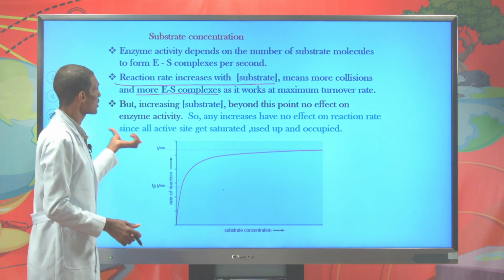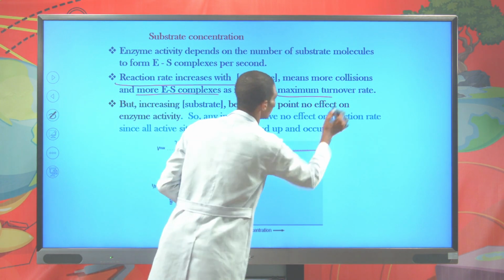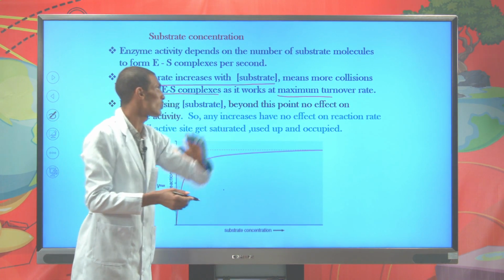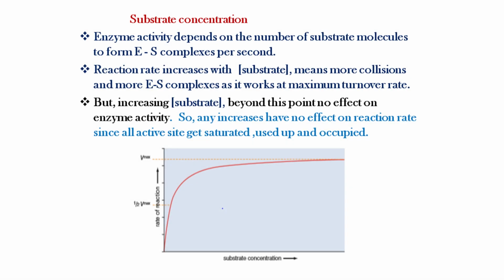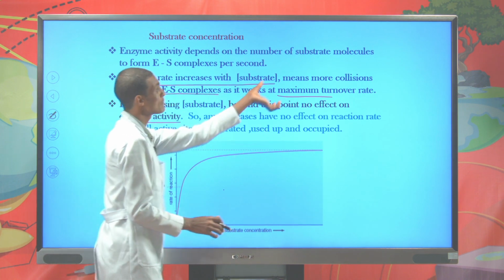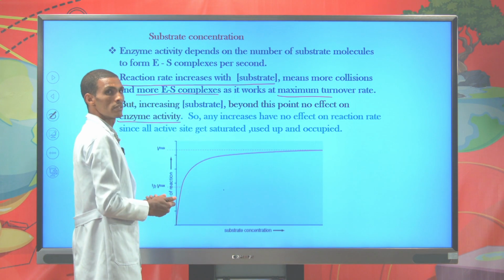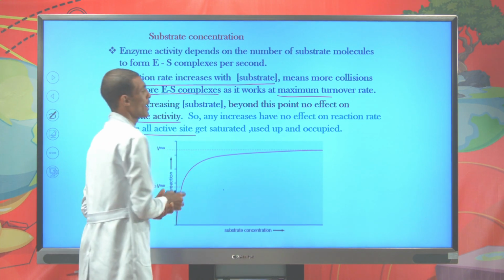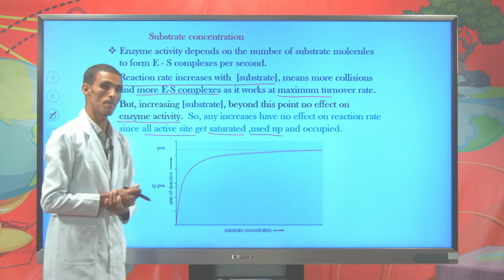If substrate concentration increases beyond the maximum point at which the enzyme can work, it has no more effect. It does not increase the rate of the reaction or enzyme activity, because the whole space of the active site is totally occupied, used up. The saturation point has arrived.